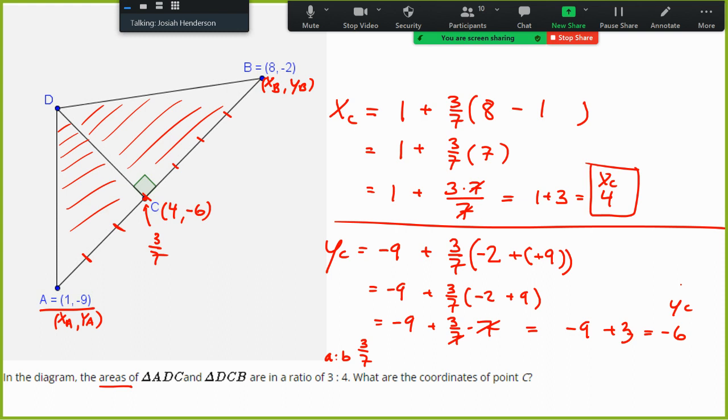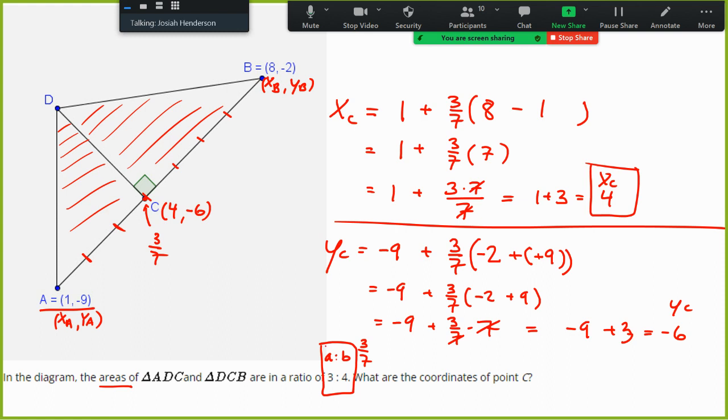So these questions are, I think, honestly, a little less troublesome because as long as we can figure out what our fraction is that we're using, 3/7, that comes from the ratio they'll give you. Then we're just using those two formulas to find the point at that location.